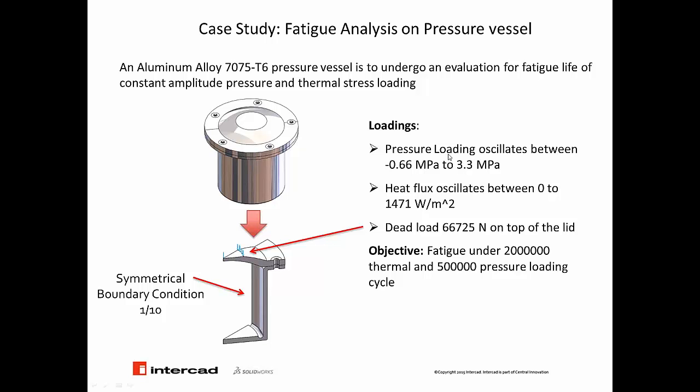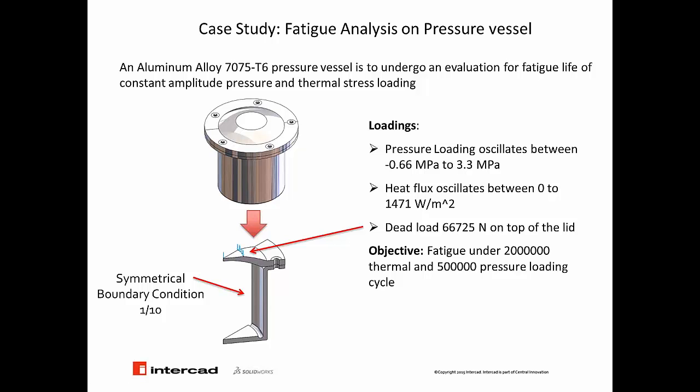Our pressure load oscillates between minus 0.66 megapascal and 3.3 megapascal. Heat flux oscillates between 0 and 1471 watt per meter square, and we always have a dead load of 66,725 Newton on top of the lid.